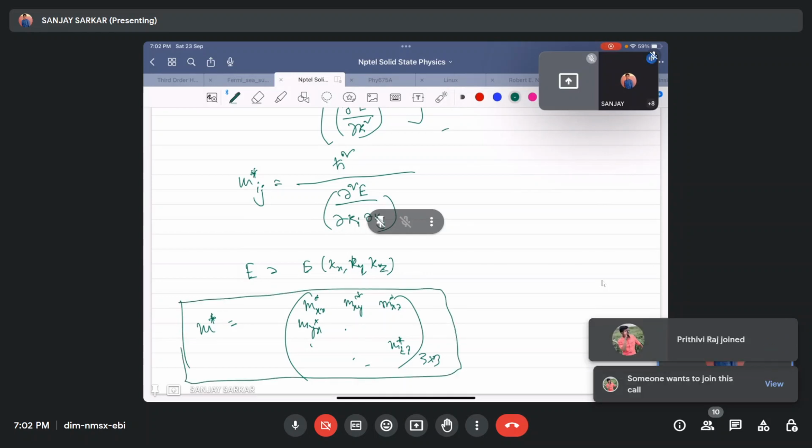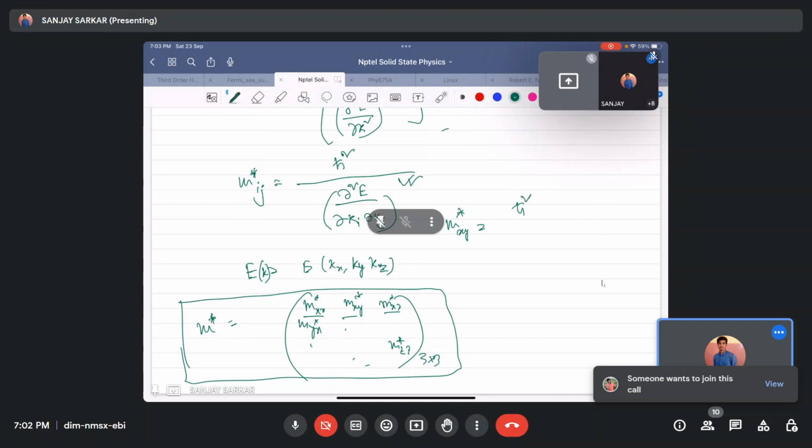So in problems you will be given a dispersion relation of this kind, where it will depend on kx, ky and kz. Then you have to calculate each of these elements using this formula. So let's say I want to calculate mxy star. What you need to do is h bar square del 2 E del kx del ky.